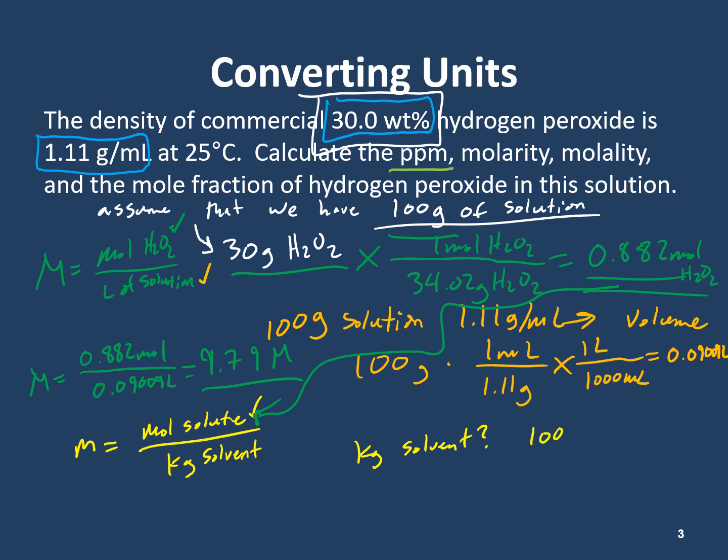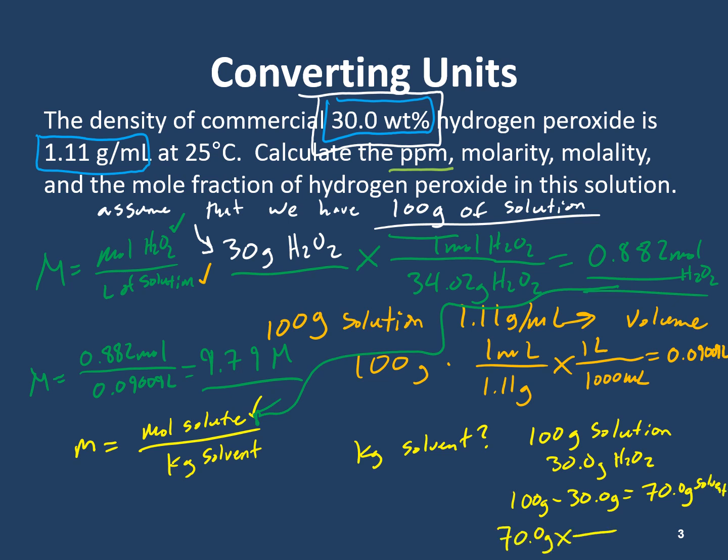Well, I know I have 100 grams of solution. And earlier we determined that we have 30 grams of H2O2, our solute. The mass of our solution is just equal to the mass of the solute plus the mass of the solvent. So 100 grams minus 30 grams gives me 70 grams of solvent. Then I just convert my 70 grams to kilograms.